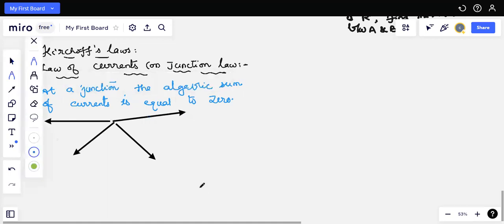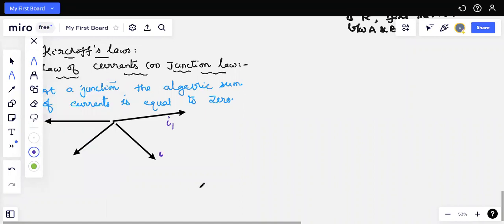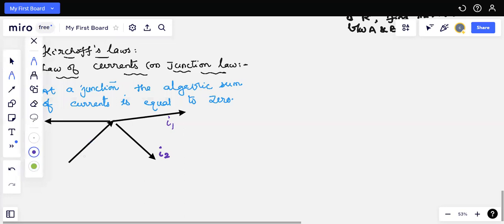These are the currents. Here, what I am taking is the current I1, it is the current I2, this is current I3, and this is the current I4, and it is the junction we have taken.